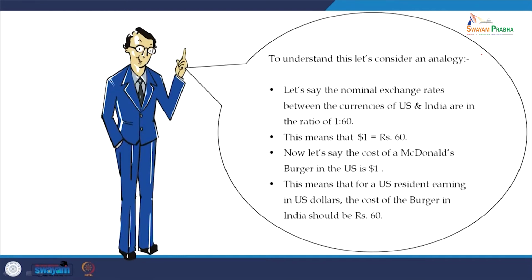In the same example of 1:60 we cited between US and India, that means $1 is exchanged with 60 rupees in India. To understand the real exchange rate, it has to be adjusted with the price or the relative prices of both the countries.